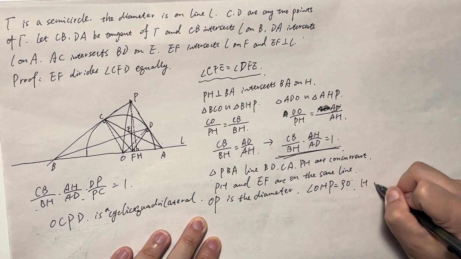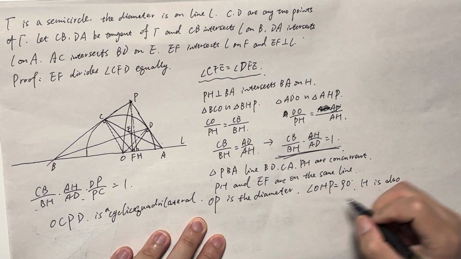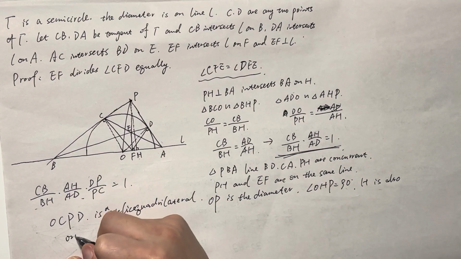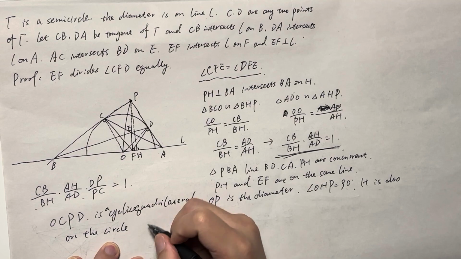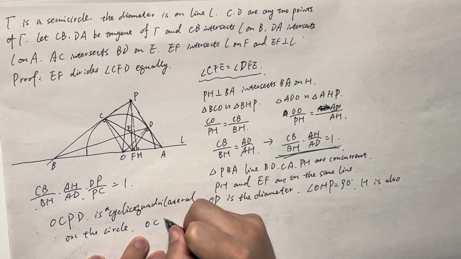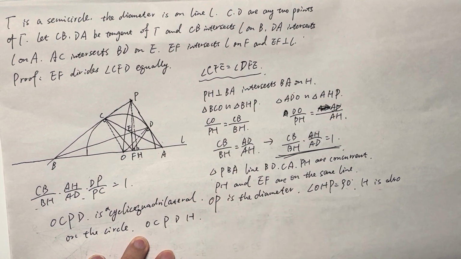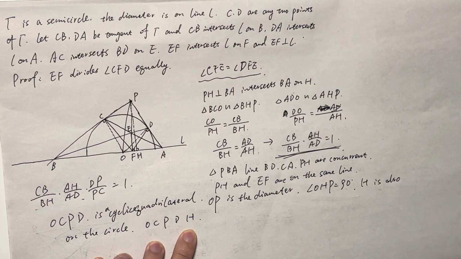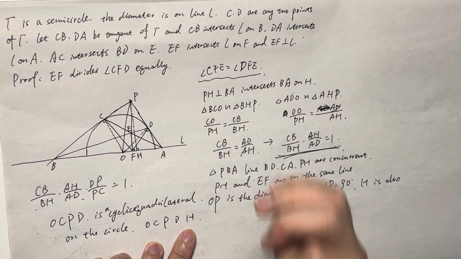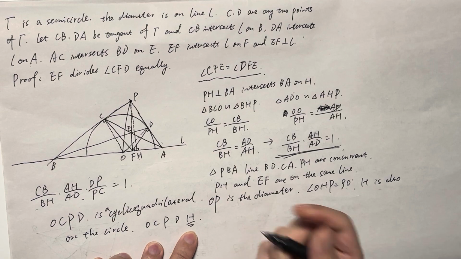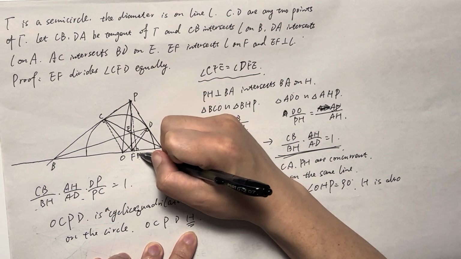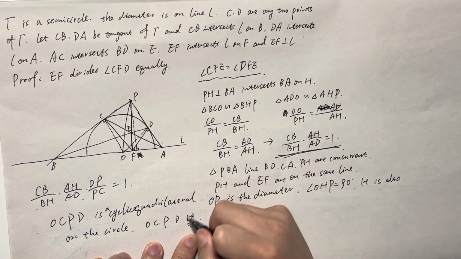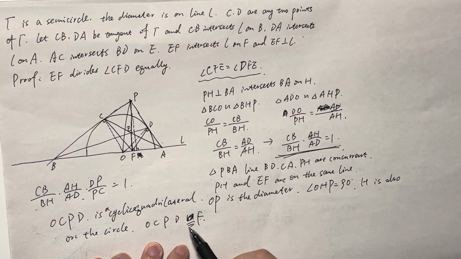So O, C, P, D, H are on the same circle. H is actually point F because they are the same, so we rename the point H to F. So O, C, P, D, F are on the same circle.